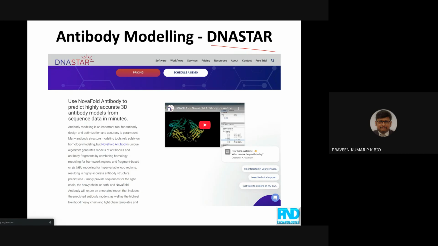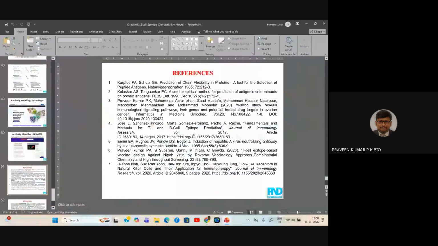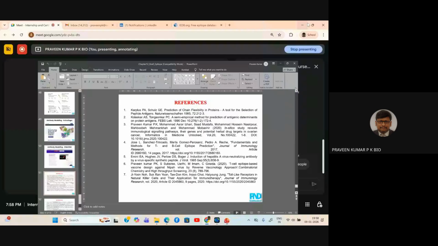Only with commercial software can we develop novel antibodies. In Bangalore, Biocon, of course, initially uses computational techniques to come up with antibodies, and then they synthesize them. This is how we can understand this.